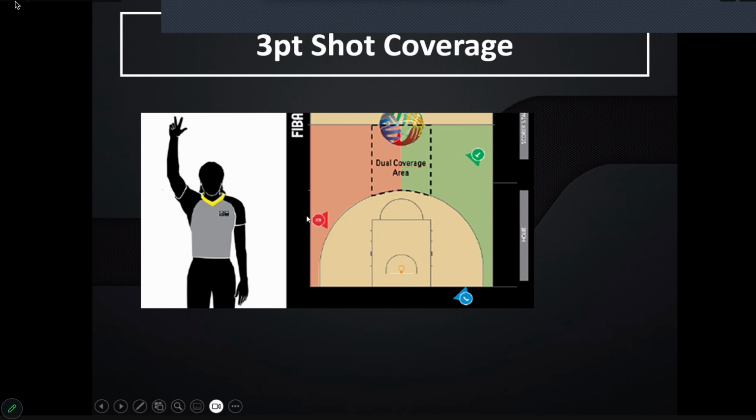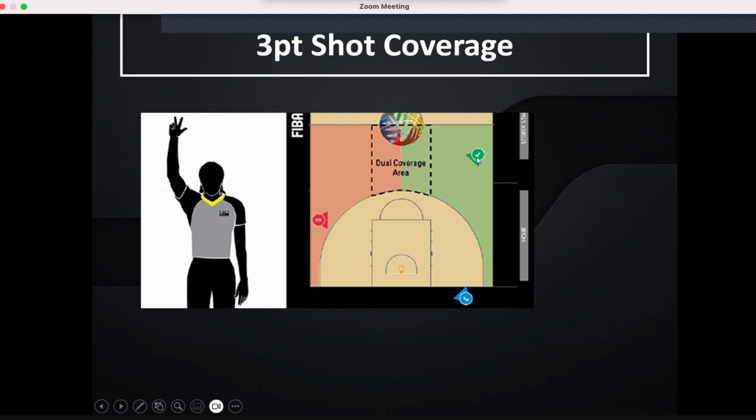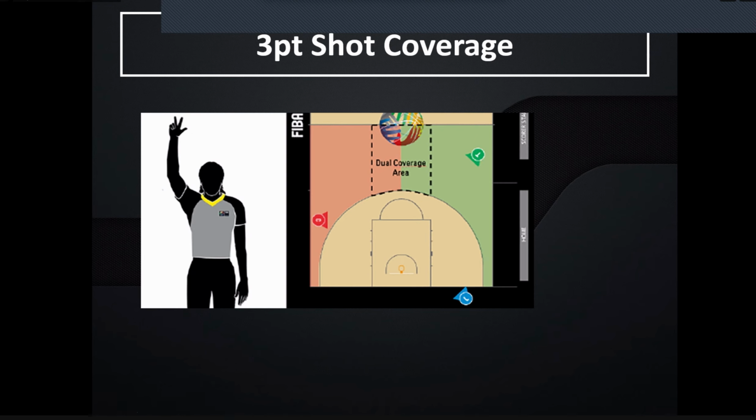So if the center isn't on the shooter and it's shot from here, obviously the trail should indicate the three-point shot. Conversely, if the center's on the play right here and the shot's taken from that matchup from here, the center should be indicating that.